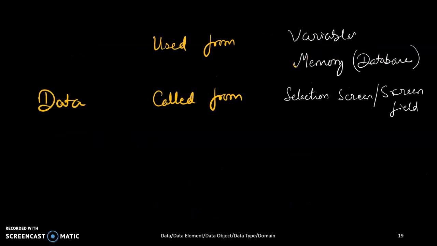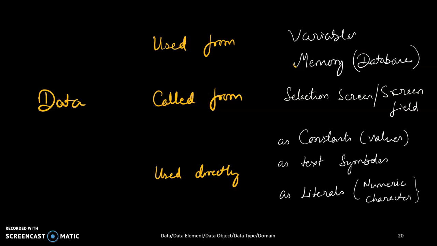So this is a brief overview of the data that we can take from different options in the memory. We can take it from a variable, from the selection screens, as a constant, as text symbols, or as literals. Literals we will be discussing.